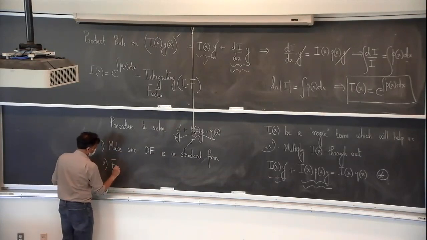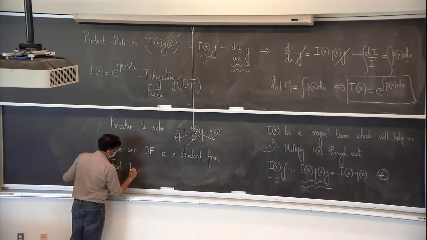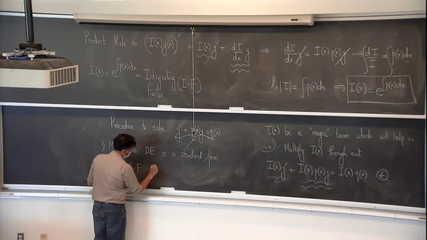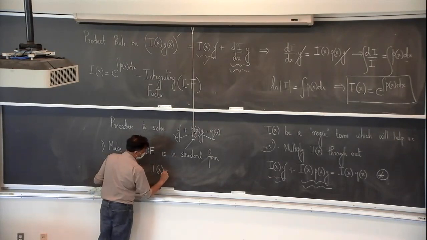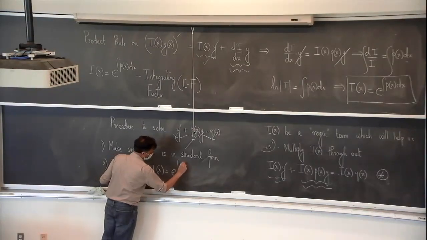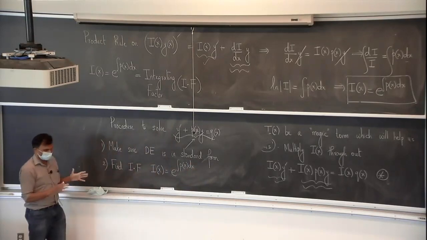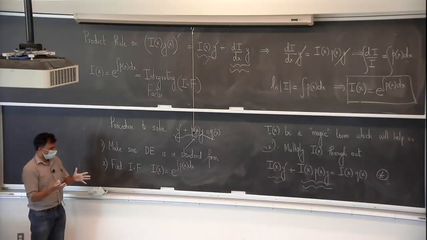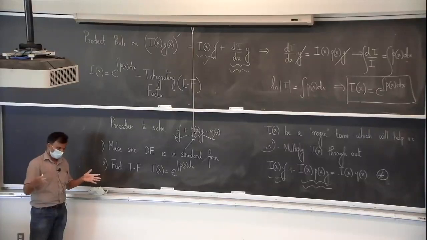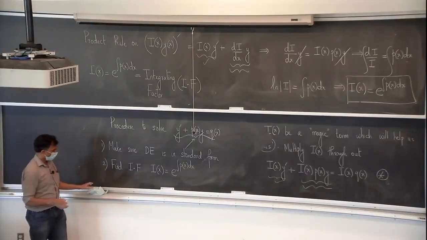Find the integrating factor. You can call it I of x equal to e to the power of integral of P of x dx. Get used to that function because it's not the integral of e to the P of x, which is more natural. This is e to the power of integral of P of x.